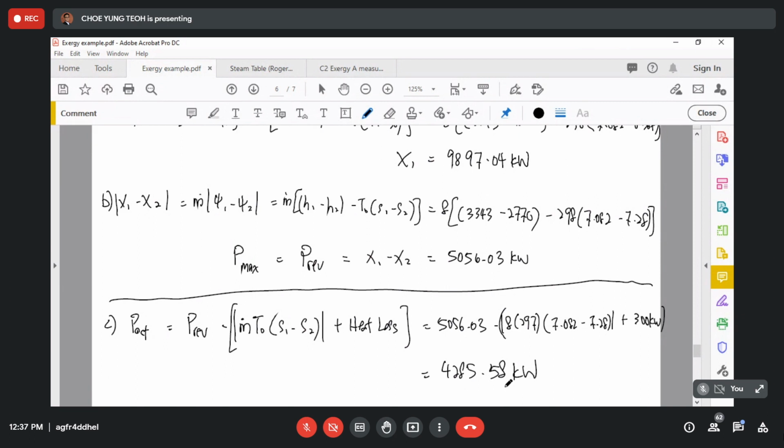Okay, the losses should be including the losses from the irreversibility and the heat loss.